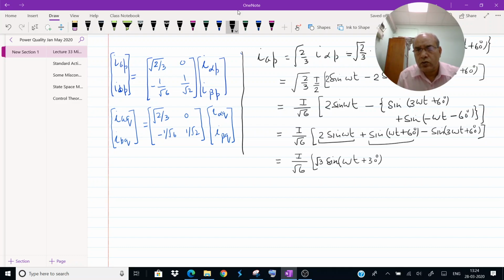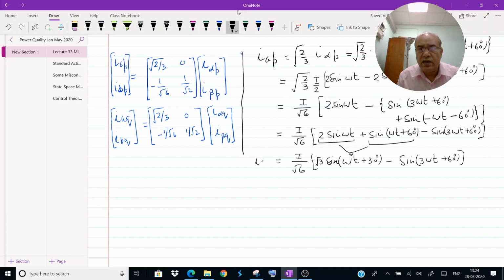These two become one term, and this remains minus sine 3 omega t plus 60 degree.